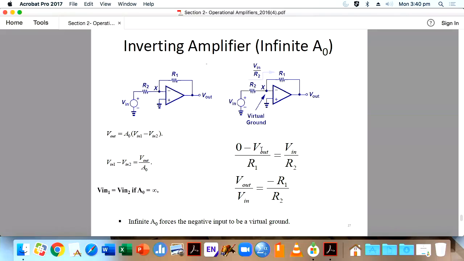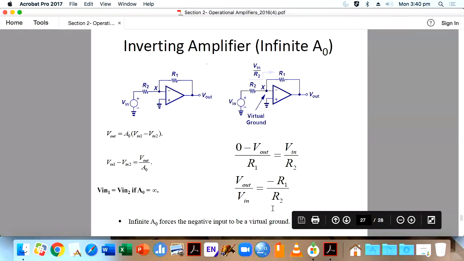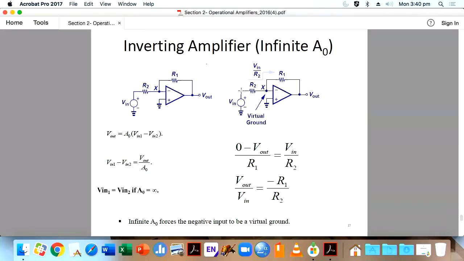Then here you have V out and V in. When you rearrange, you get minus R1 by R2. Now your closed loop gain is minus R1 by R2, which means you will be getting an inversion of the signal. The phase of the signal will be changed. If you have a positive cycle here, you will get a negative cycle here.